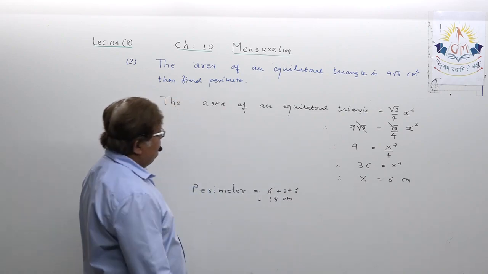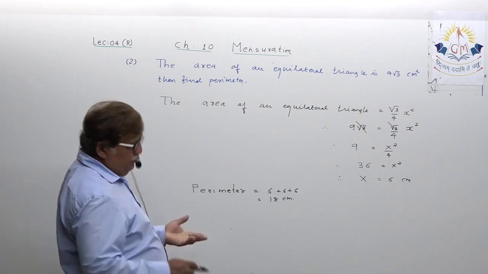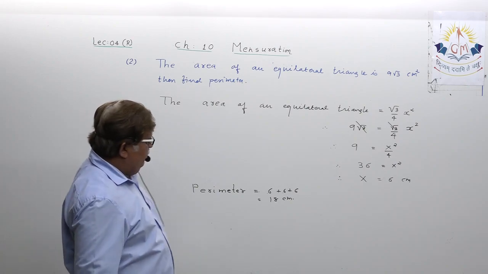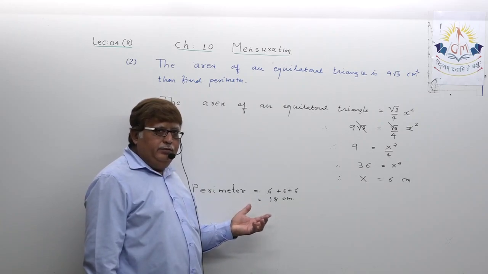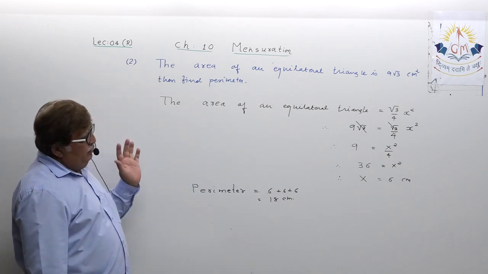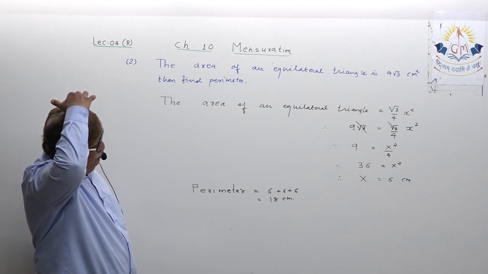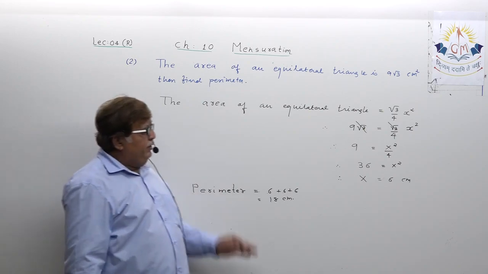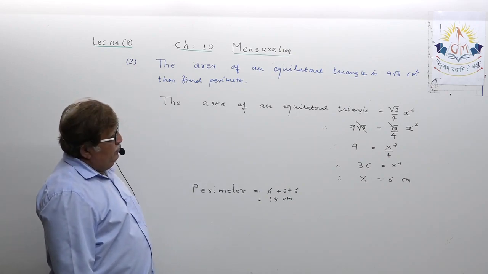Okay, is it clear in your mind? You must have solved the example in a similar way. Understood? Right? One more thing I want to discuss with you, but first you verify this. Then we can discuss it.